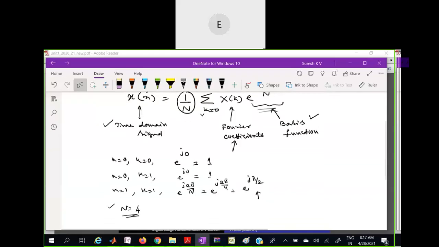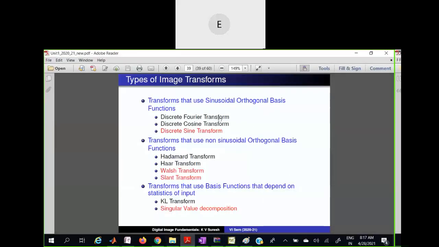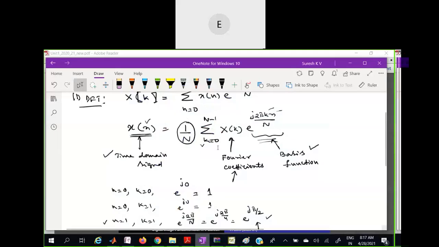So for each value of n and k, you have a specific basis function which is multiplied with the corresponding coefficient to get the representation of a signal. That is exactly what I just talked about, the basis functions. The speciality of these basis functions, e to the power of j 2 pi kn by N, is that they are orthogonal to each other for different values of k and n.